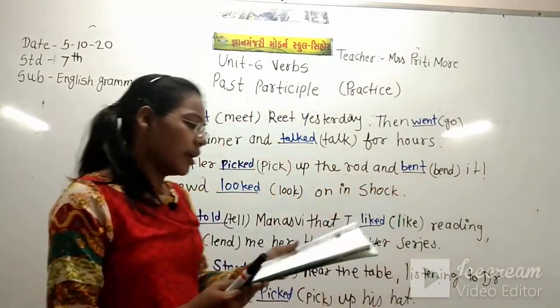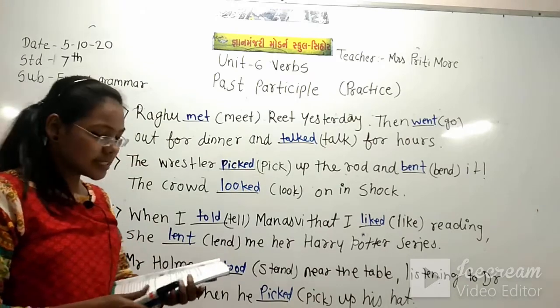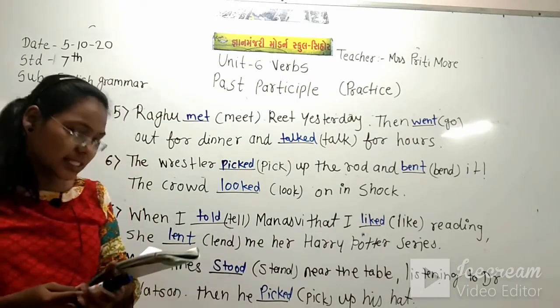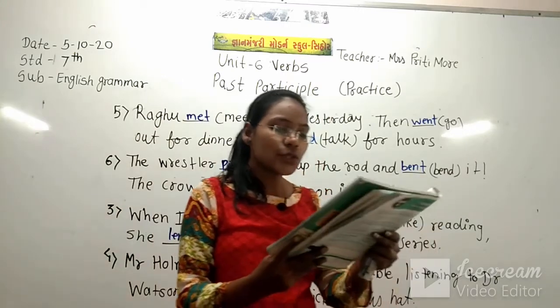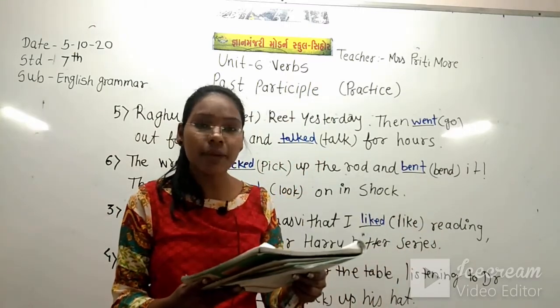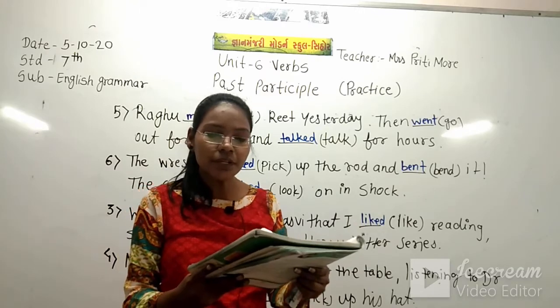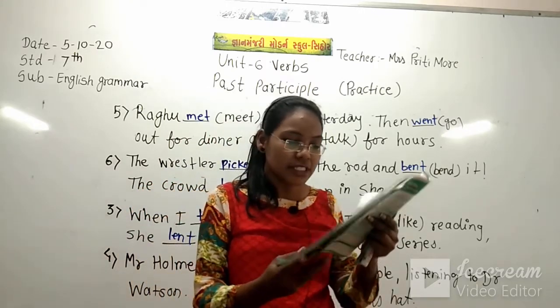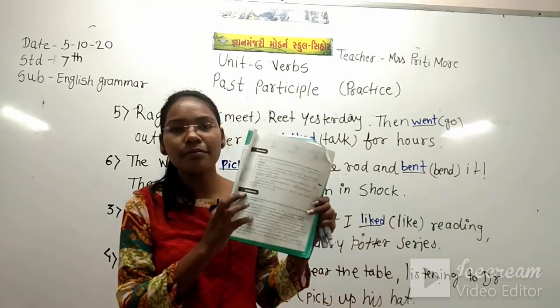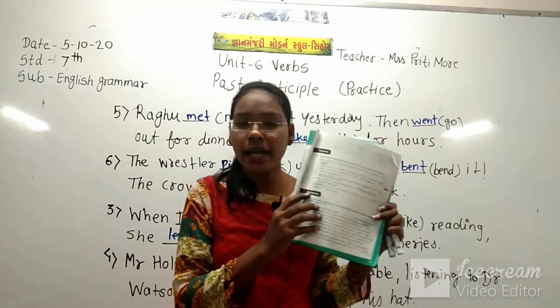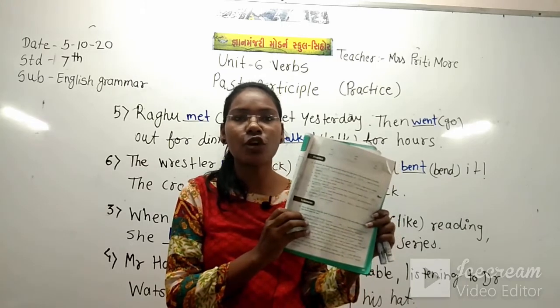Now I hope students you have written this. Now I just rub and let's see the extension exercise. Fill in the blanks using the past or past participle form of the verb within brackets. That means here also one passage is there. This is a very big passage, so I cannot write this whole passage on the board.